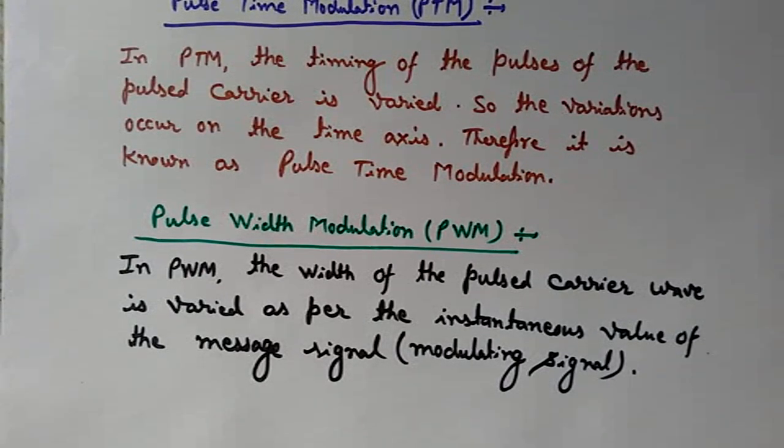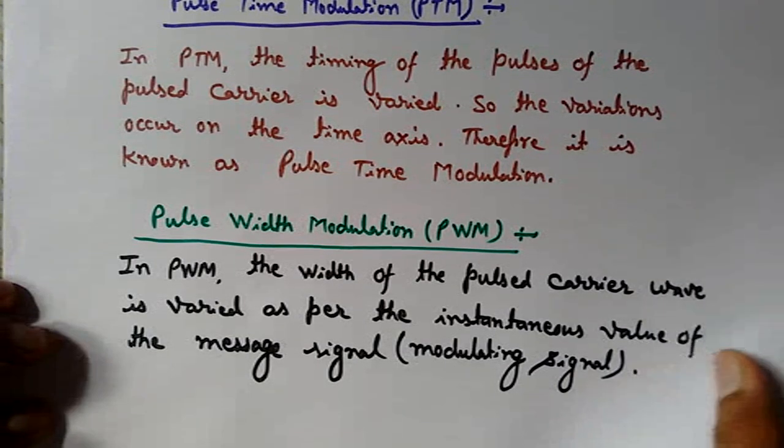Now I'm going to draw a few waveforms to make the concept of pulse width modulation more clear. You will get the concept easily with the help of these waveforms. So first of all, let's draw the modulating signal or the message signal.